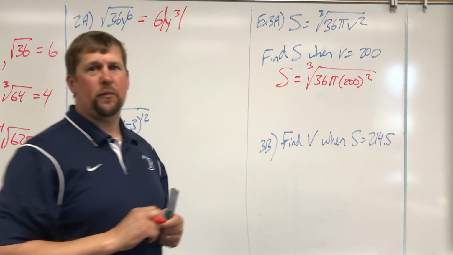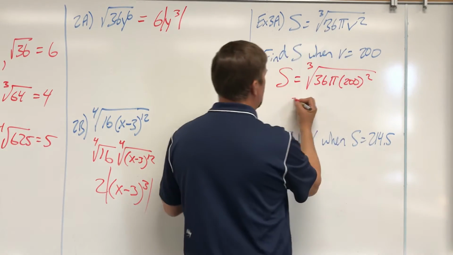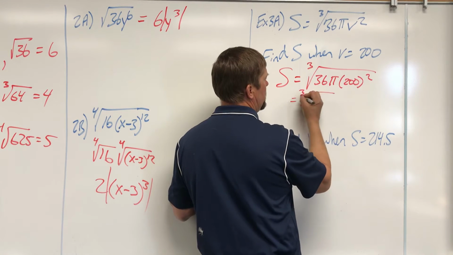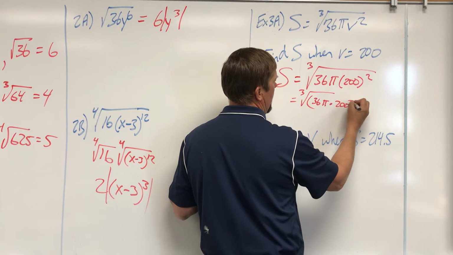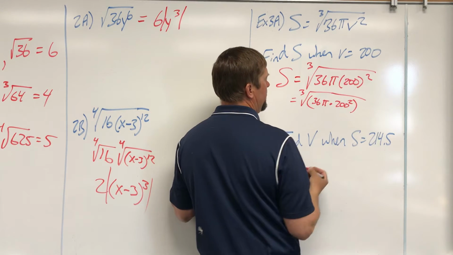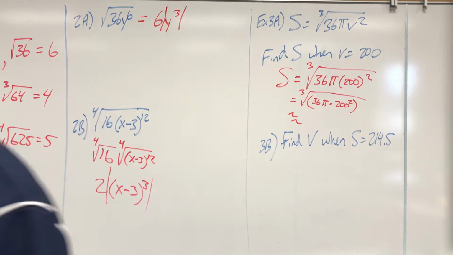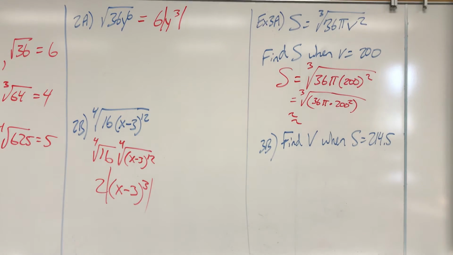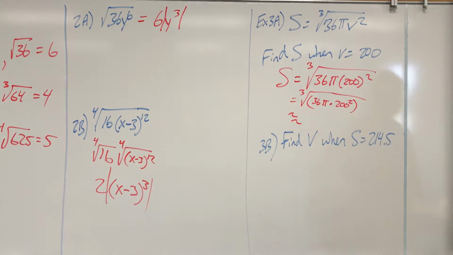All you have to do is approximate that on your calculator. I typically would plug it in with the cube root, parentheses, 36 pi times 200 squared, and that should work. Which is approximately, if you do that on the calculator, I did it earlier, but I didn't write it down.